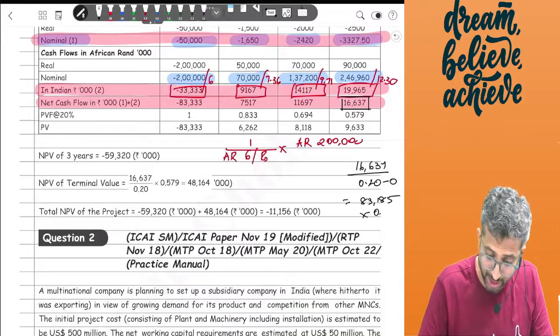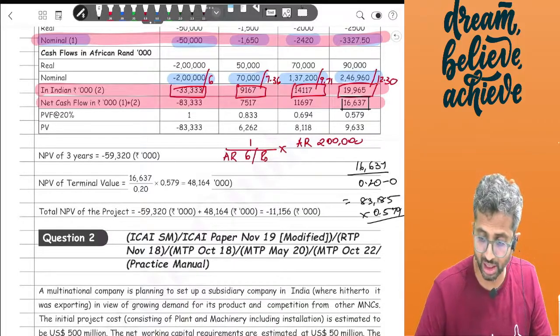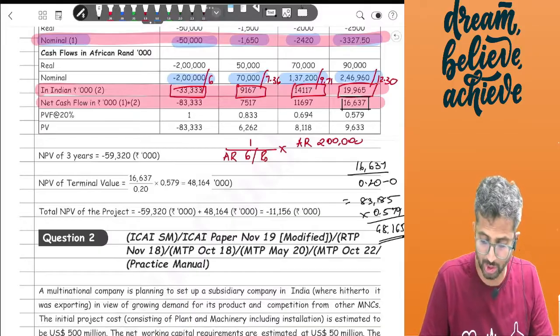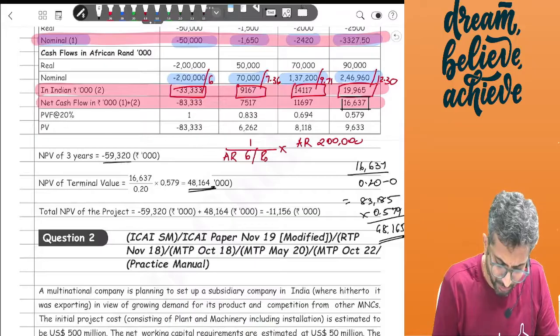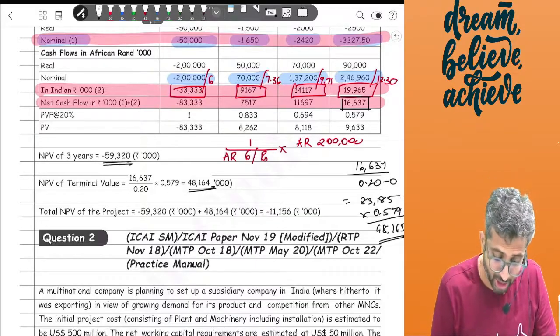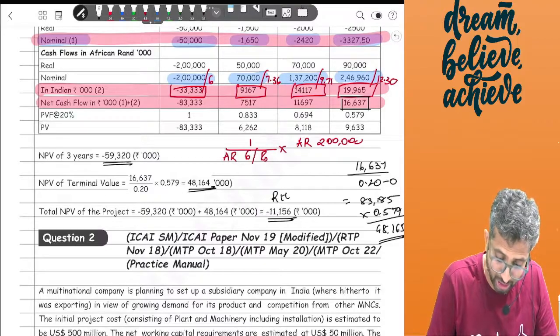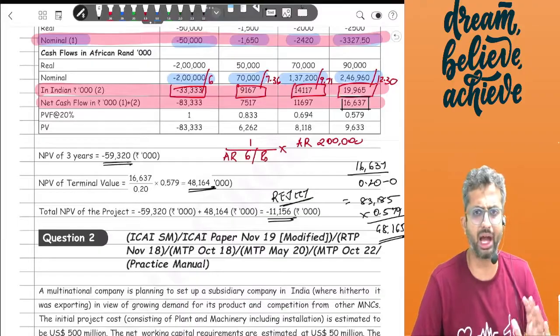So if I take the present value of that into 0.579, comes to around 48,164. And hence we will say the terminal value is around 48,164 or 165. And the present value of the first 3 years is 59,000 negative. Since the final answer is negative, the project should be rejected. So these are the actual calculations that are actually done over here.